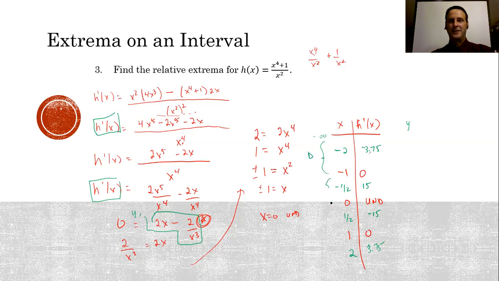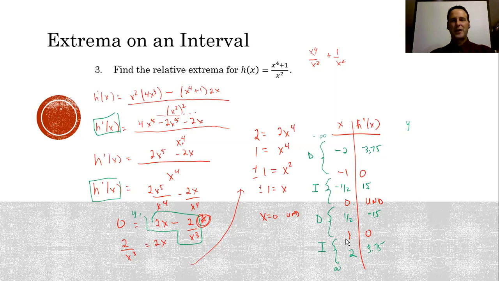From -1 to 0, you have positive values for your slope, so that means it must be increasing within that interval. From 0 to 1, you have negative values for your h prime of x, which means that is a decrease. And then from 1 to infinity, it is increasing.